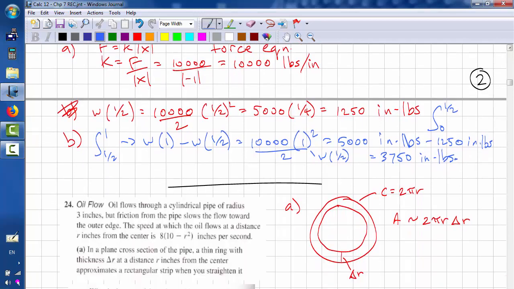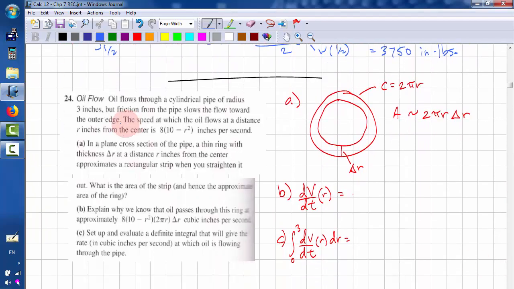Let's look at another example. Oil flow. Oil flowing through a cylindrical pipe, radius 3 inches, and there's friction from the pipe, and that slows the flow along the edges. And the speed at which the oil flows at a distance r inches from the center is 8 times 10 minus r squared inches per second.